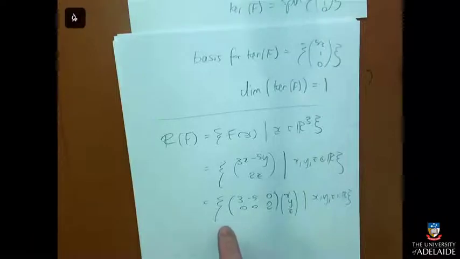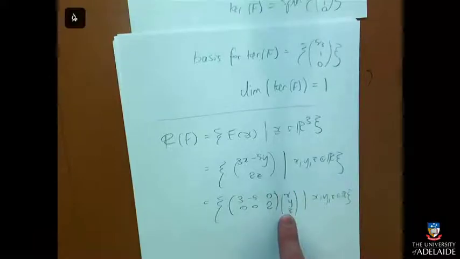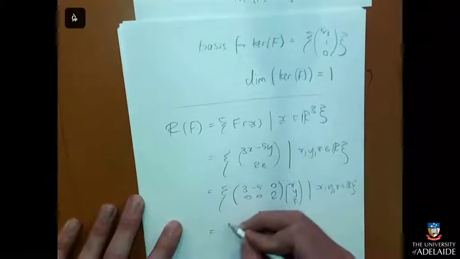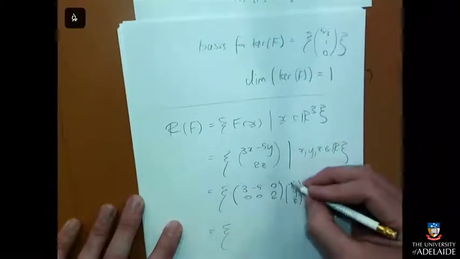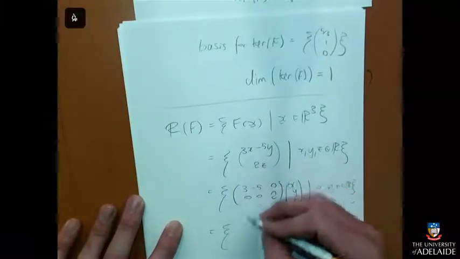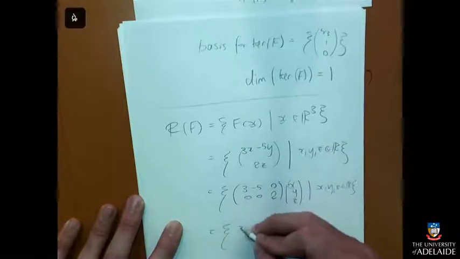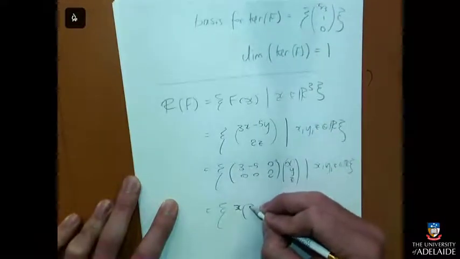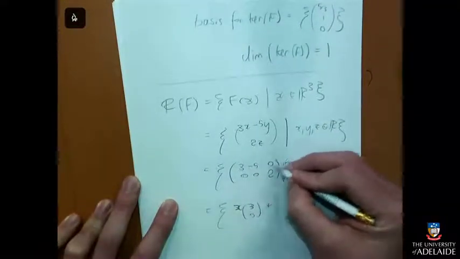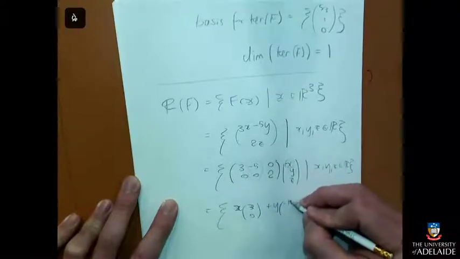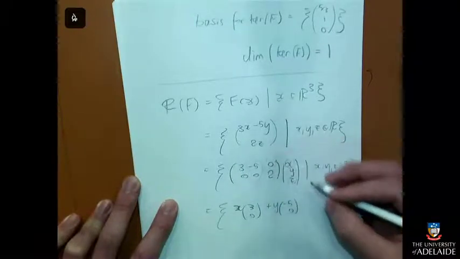This is all of the things I get by multiplying this matrix by a vector. I'm just going to cross these out in a second to say they're not necessary. That x is going to get multiplied by this vector, and that y is going to get multiplied by this vector, and that z is going to get multiplied by this vector.